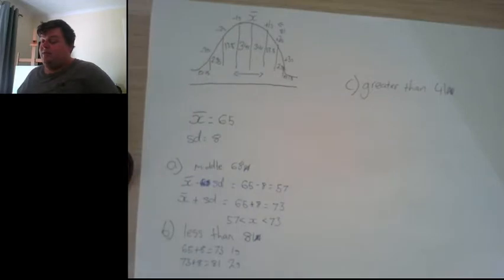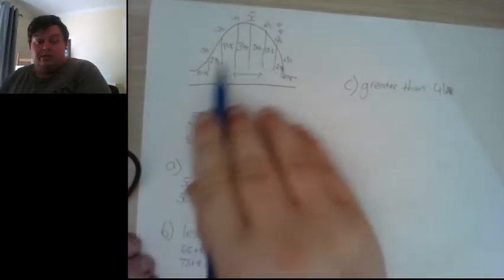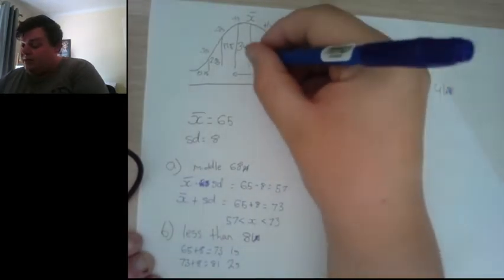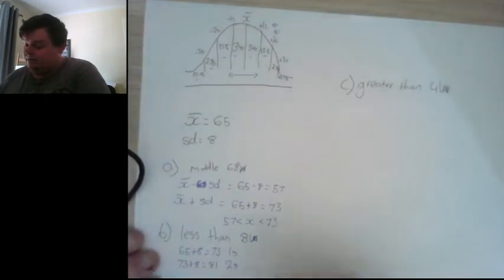Now previously we used to do a bunch of working out and I would say cut the data in half and so on. We don't have to do that anymore because I've come up with this percentage bell curve, I guess. So what we're going to do is just add up all these percentages all the way back to here, and it'll give us our answer.